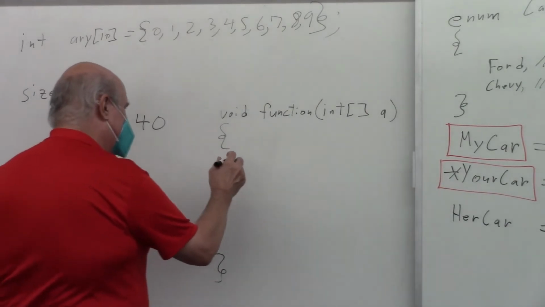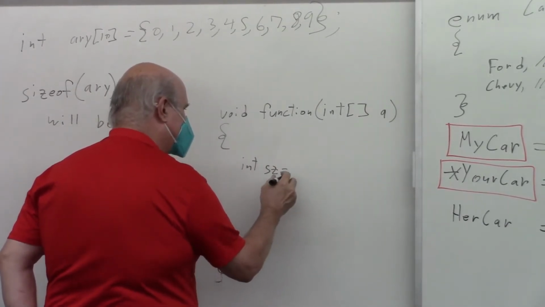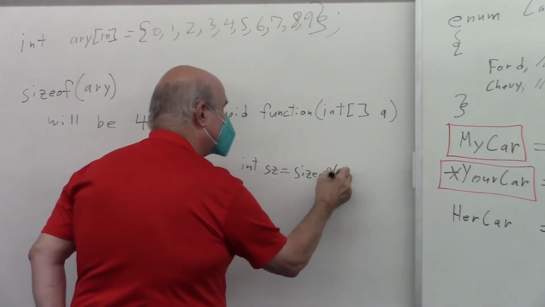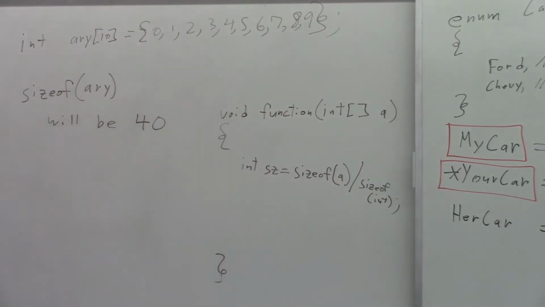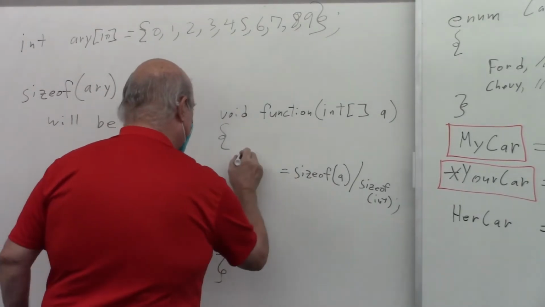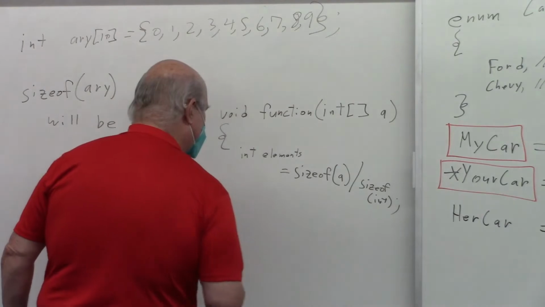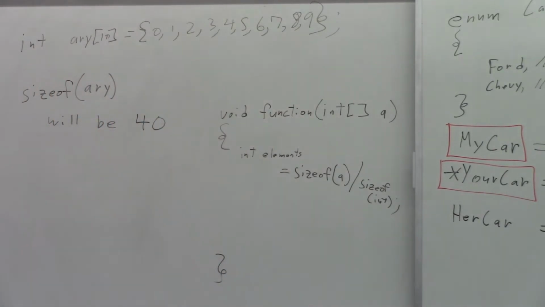Fairly straightforward. You simply, let's call it elements. To determine the number of elements, you take the size of the array and you divide it by the size of the type of array.